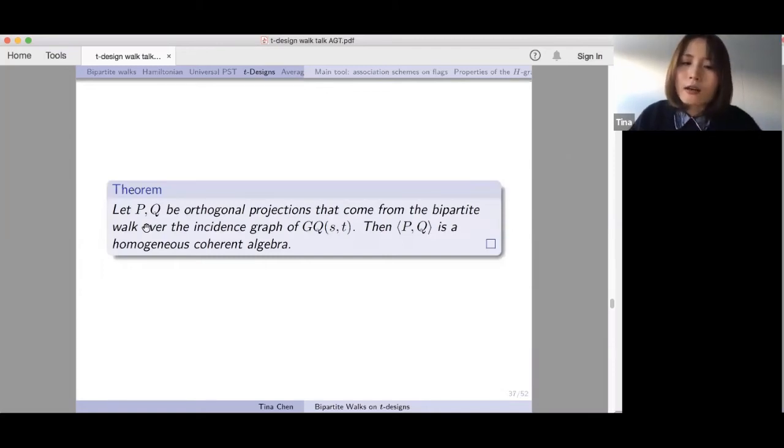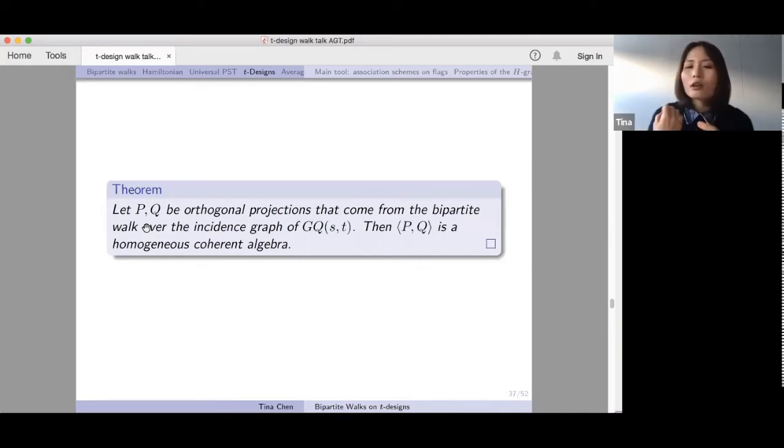And if we let P and Q be the orthogonal projections that come from the bipartite walk over the incidence graph of our GQ(s,t), then the algebra generated by those two projections will form a homogeneous coherent algebra.